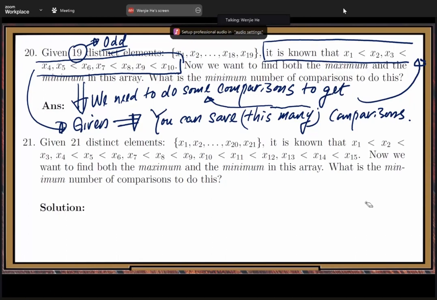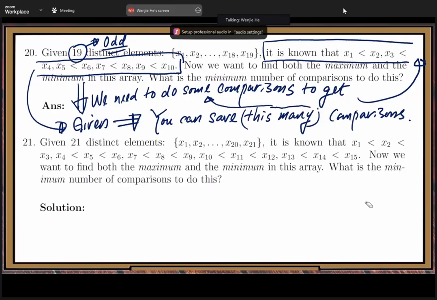So you subtract that many comparisons from the answer you get without using the given condition, right? So that's the logic.